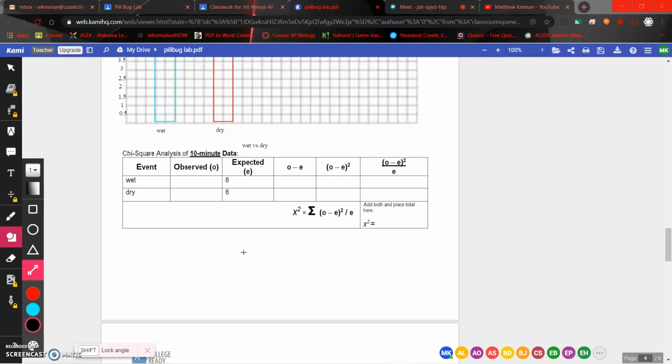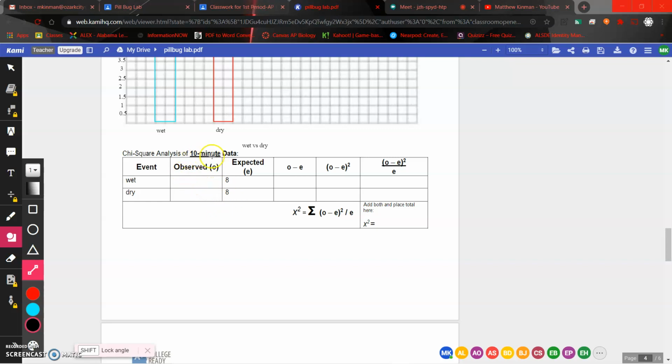I know these different hypotheses can get confusing, but the null hypothesis is basically trying to say that the pill bugs are not choosing one side over the other, that they're just moving around at random. And our alternative hypothesis might be that pill bugs prefer the wet side. That makes sense, because pill bugs need water just like most other animals. All right, so let's get into it.